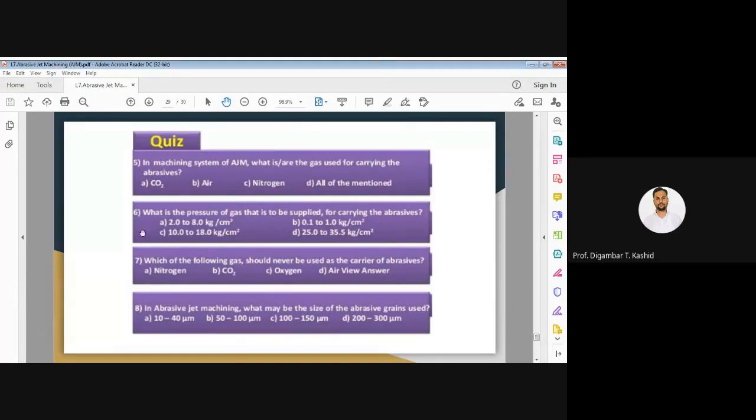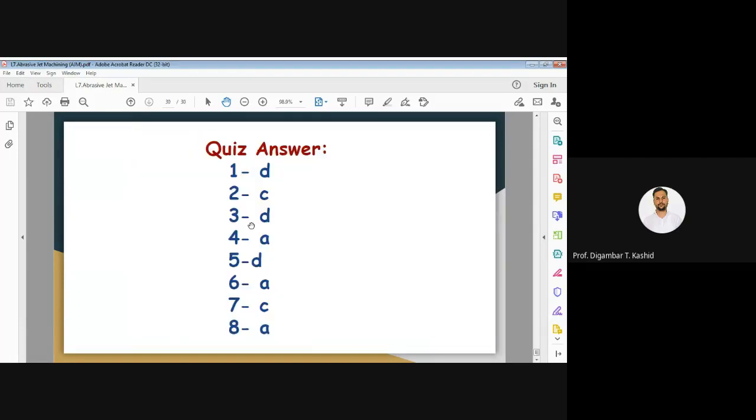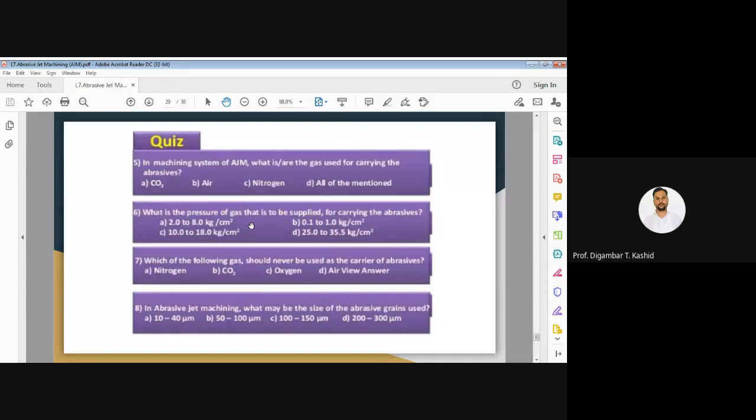Option one is CO2, then air, then nitrogen, and all of the above. D. I think now D will be the correct answer. Okay, because here we know about that.